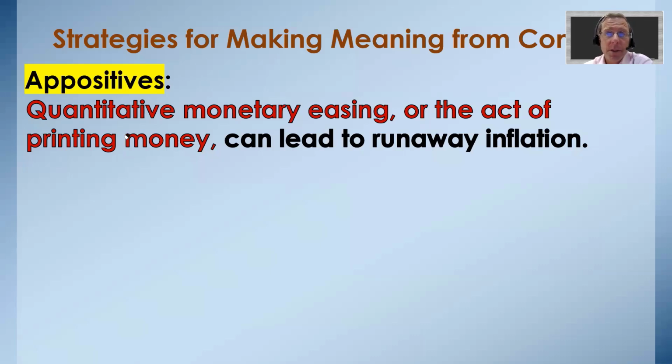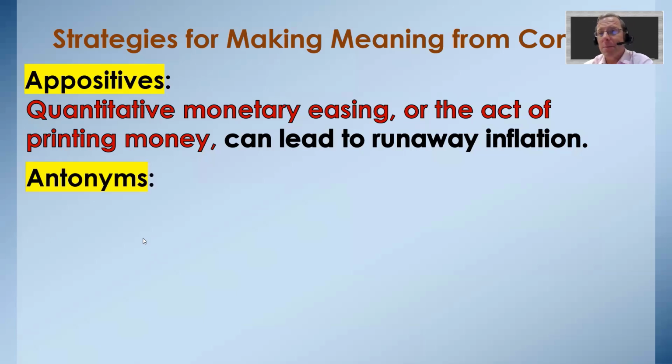But if you're not familiar with the field of economics, that phrase might be a little difficult to understand. But here, the author says quantitative monetary easing, or the act of printing money, can lead to runaway inflation. So looking at that appositive here, I can see that the author is talking about printing money when he talks about quantitative monetary easing.